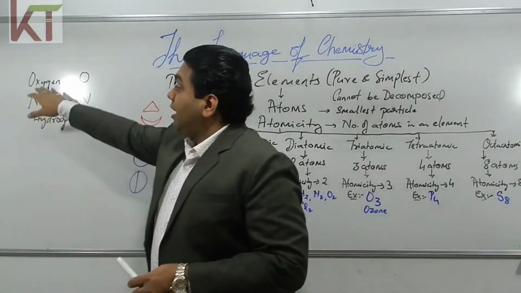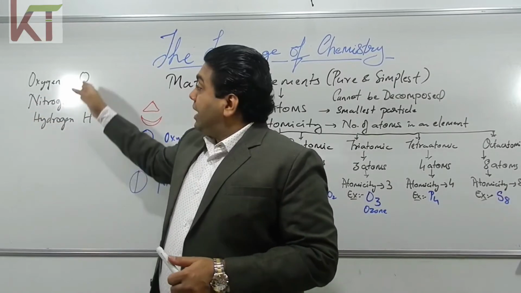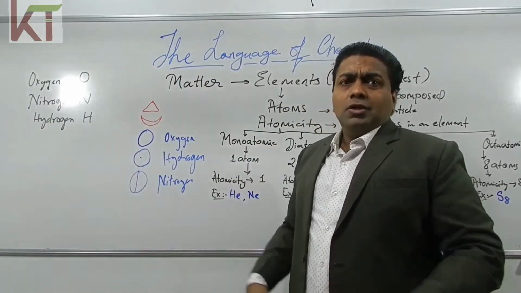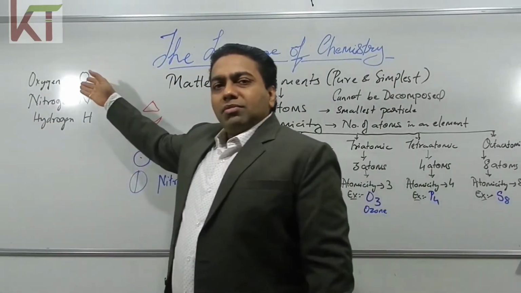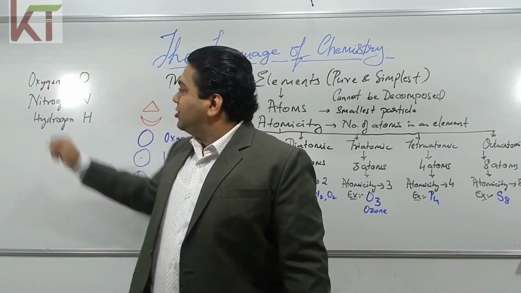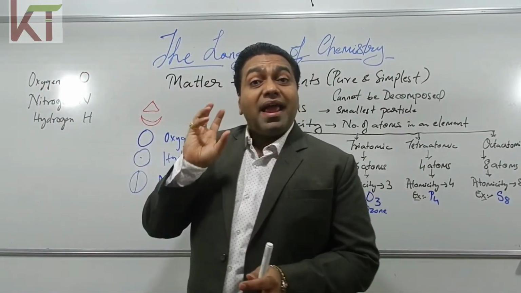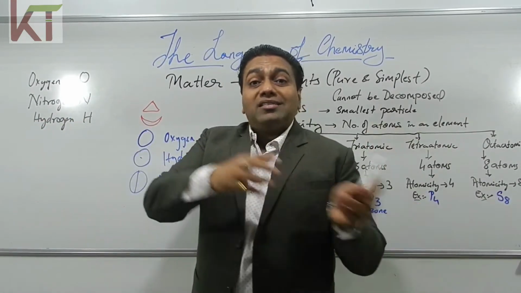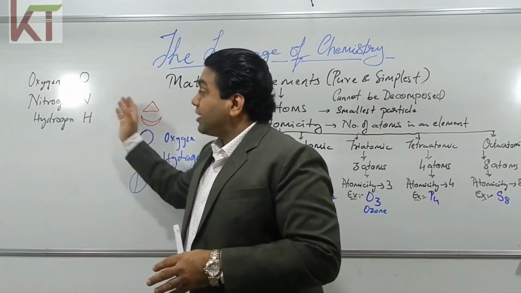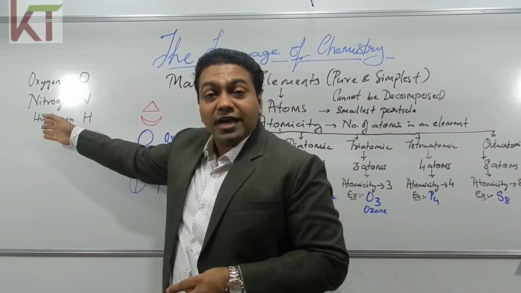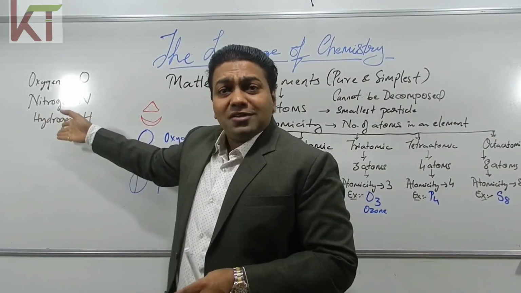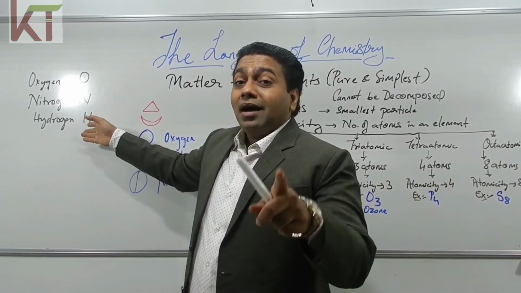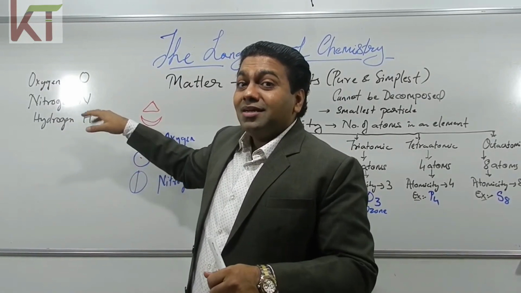So the initial alphabet of every element, I will use that as its symbol. So I will definitely remember the moment I say O for oxygen, like the way I said A for apple, because in apple the initial letter is A. So A stands for apple, O stands for oxygen, N stands for nitrogen, H stands for hydrogen. Right? Very simple to remember. But then again there were troubles in this. Why?